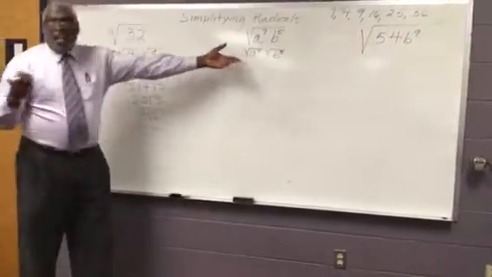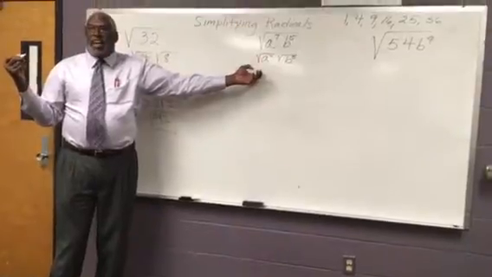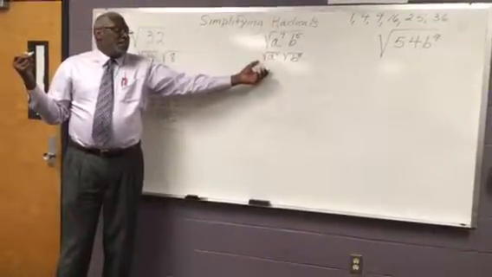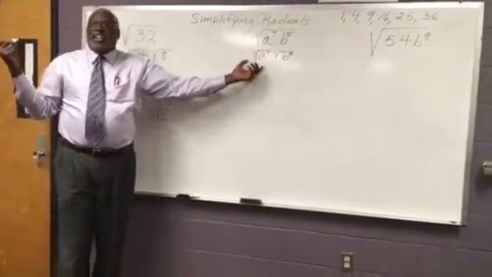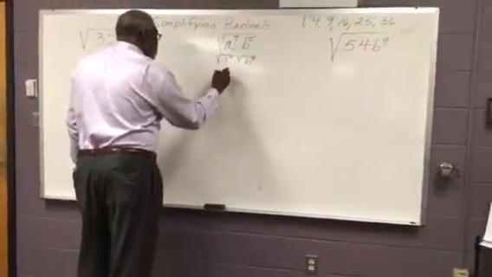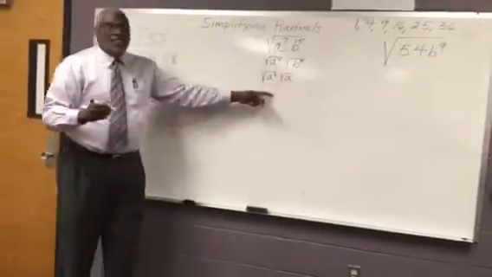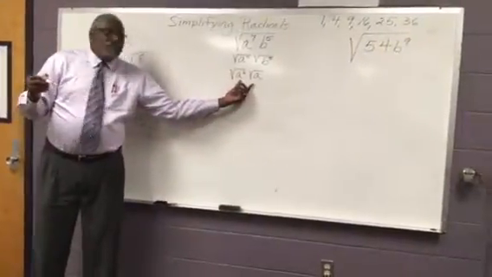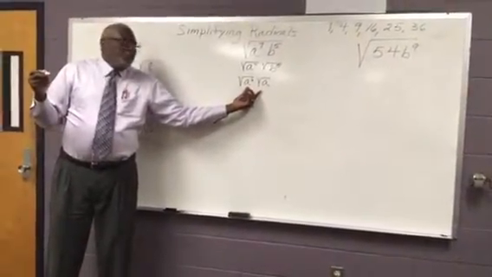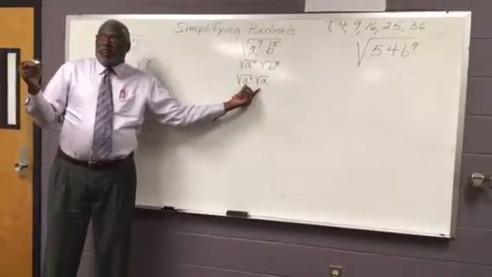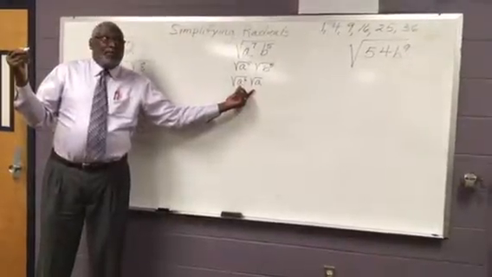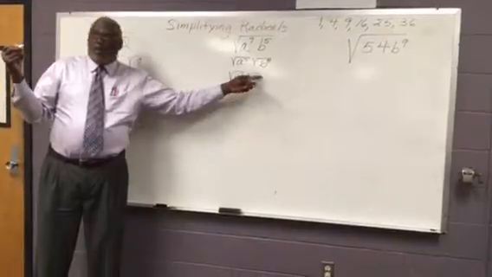I'm going to break a to the 7th down to its closest even exponent. So it's going to be square root of a to the 6th times square root of a. That's my a to the 7th. Remember, this is called the power rule: when we have like-based powers, we add the exponents.